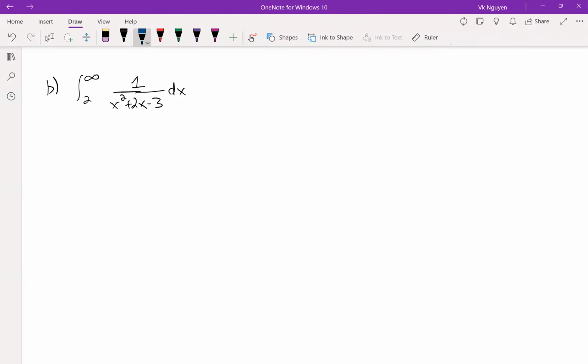We can factor the bottom, and so this is going to be integration by partial fractions. 1 over x squared plus 2x minus 3 is equal to a over x plus 3 plus b over x minus 1. Do the common denominator, so we have a times x minus 1 plus b times x plus 3, over x plus 3 times x minus 1.